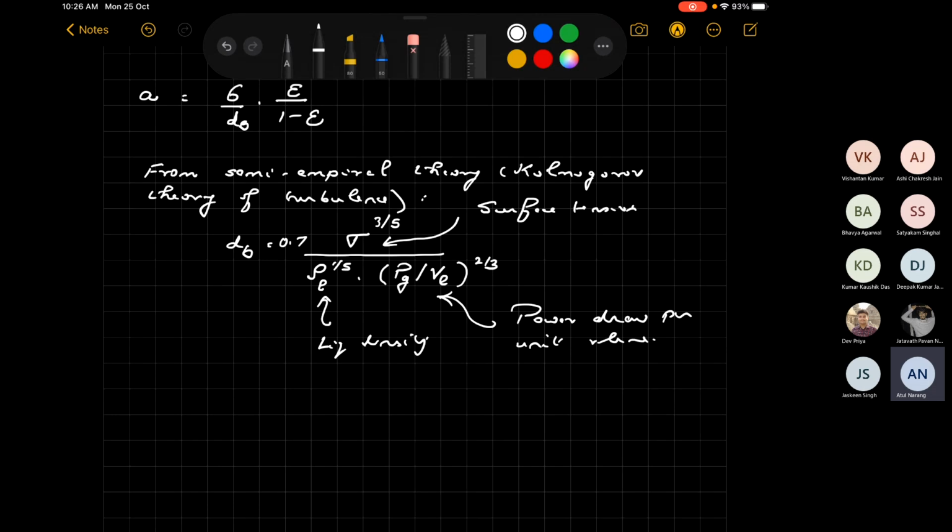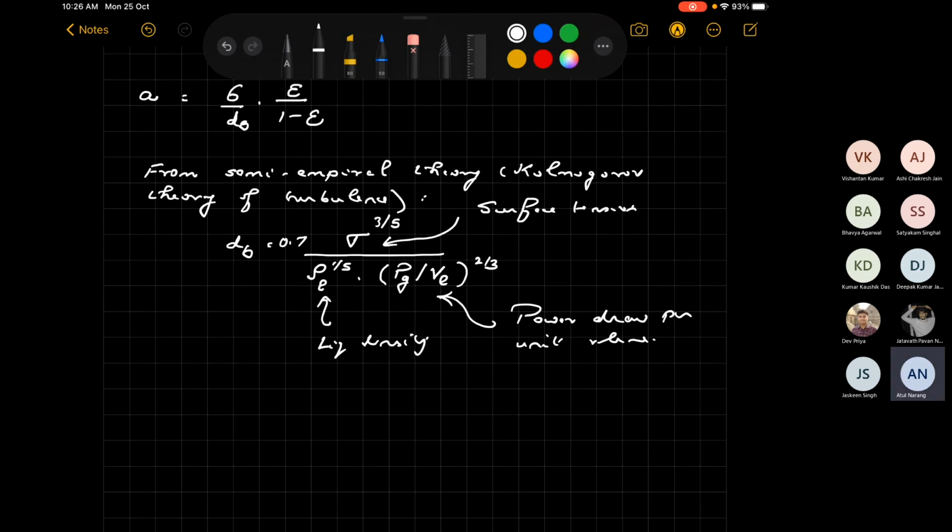Now, I should also point out that we have only looked at the effect of PG over VL on A, but it is also worth considering what would be the effect of PG over VL on the mass transfer coefficient, KL. If you increase PG over VL, let's work our way through this, assuming the film theory, which means that KL is essentially DL divided by LL, which is the thickness of the quiescent layer on the liquid side.